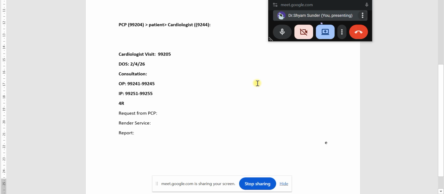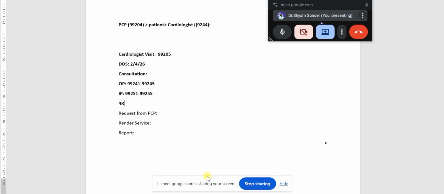Sir, I have one question. You are saying outpatient and inpatient codes start with 99241 through 99245, but the book shows starting from 99242. That's okay, because 99241 was deleted.